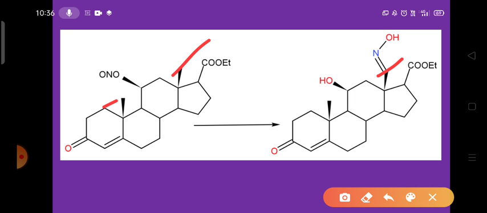Why? Because this methyl group is present adjacent to the electron withdrawing group. So the delta methyl group which is not adjacent to the electron withdrawing group undergoes the Barton reaction. As a result, we get this product.